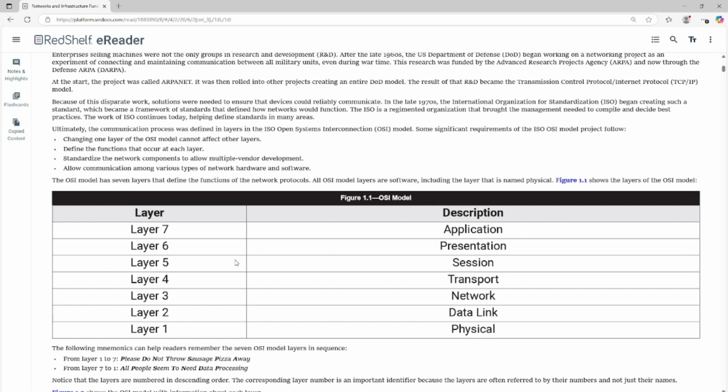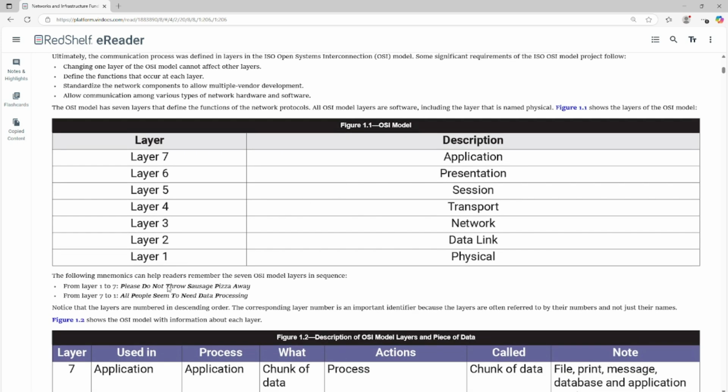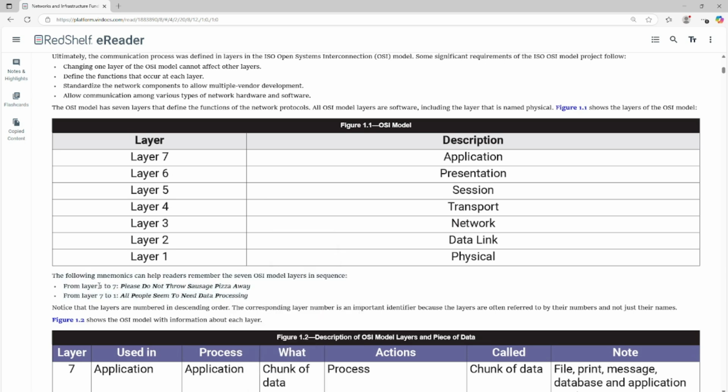The table in figure 1.1 shows the 7 layers in the OSI model, layered in descending order from 7 to 1. There is a mnemonic that you can use to memorize this. You've got 2.